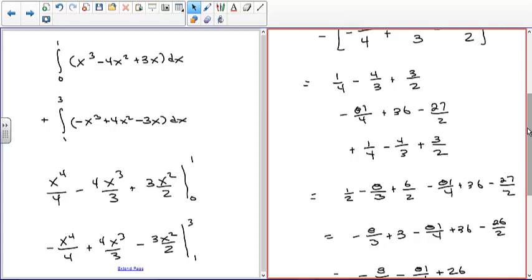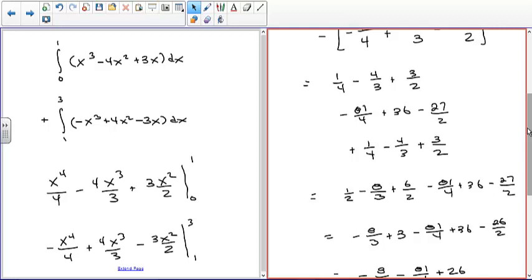I combined the first and the last line, and then I had the second line here. Then I said, oh, this simplifies down to 3. I've got a half here, but then I've got 27 halves. By combining those two, I got something I could simplify. This is 13. So I took 3 plus 36, which is 39, minus 13, which is 26.